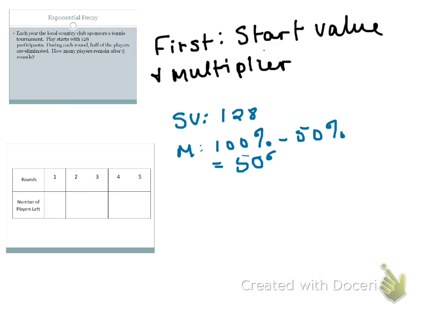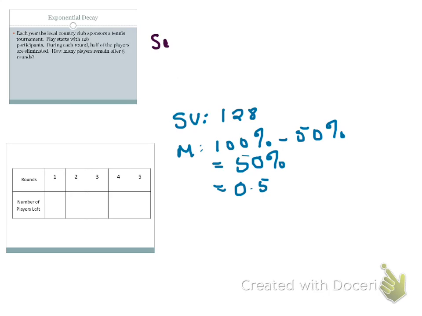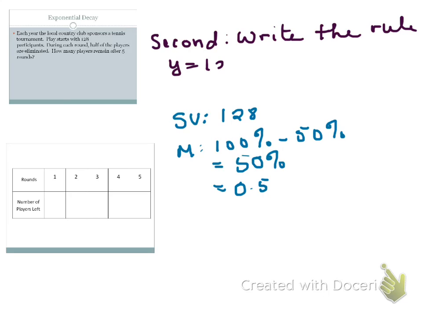In this case, you're keeping 50%. Now, just like with the growth, we have to change it into a decimal, so you end up with 0.5. Next, we have to write the rule. So, y equals 128 times 0.5 to the x.